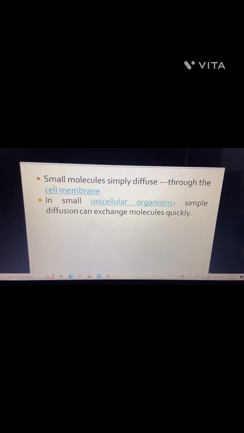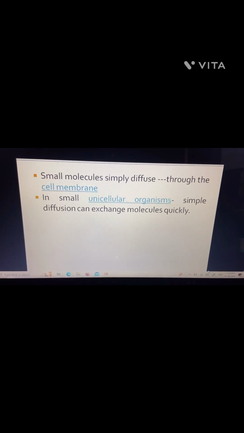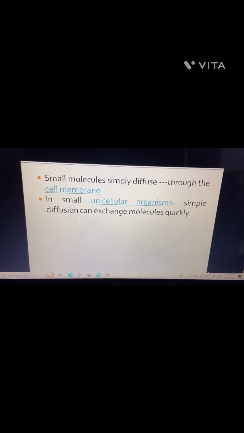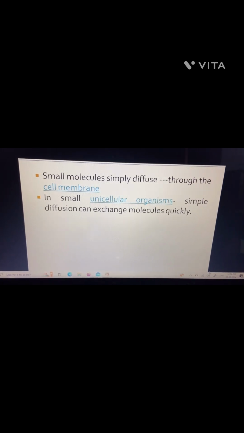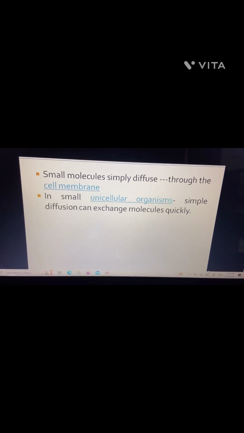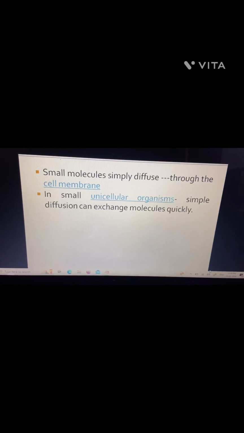But in multicellular organisms, apart from diffusion, which is a passive transport, some active transports are also required for the movement of molecules. It's not that with simple diffusion alone the molecules get diffused in our body from one part to another. Some ATP is also required, which we will study in active transport.